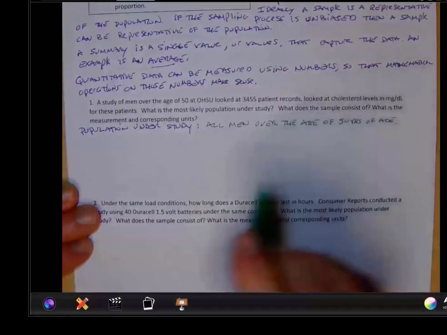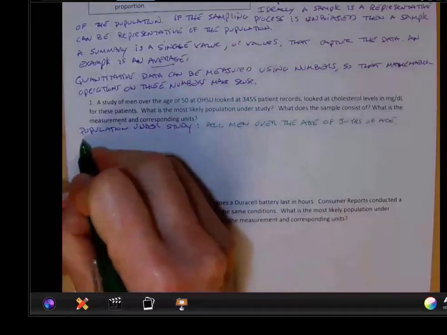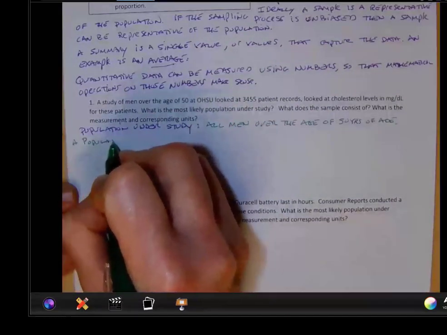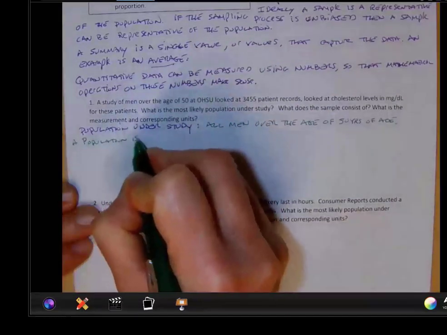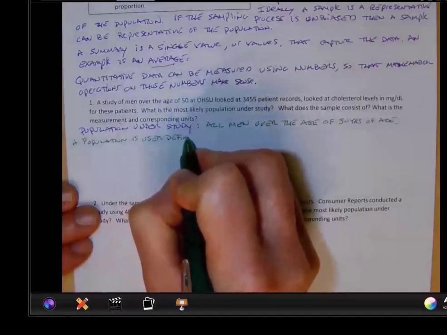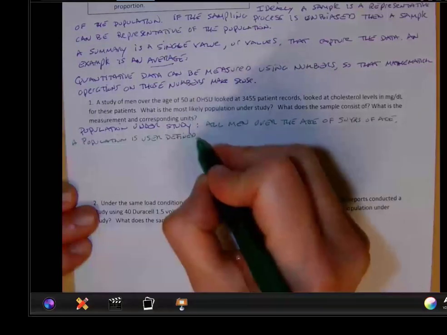Now, notice how difficult it really is to define a population. Another thing you want to understand is that a population is user defined. Meaning that the user can say, no, this is the only thing that our study is focused on. Nobody else, nothing else, no other object, just these objects that we're about to define.